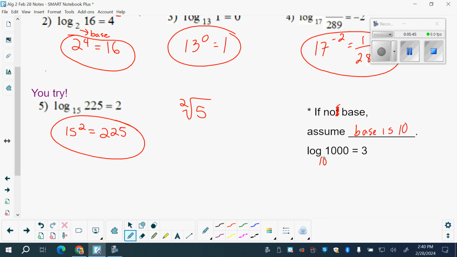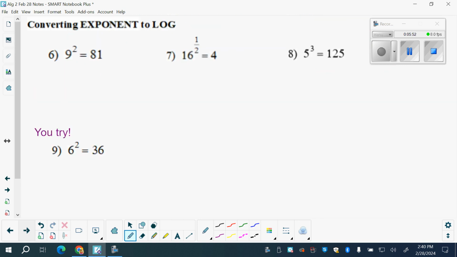Okay. Moving on to the next one. Okay, so now we're going to go the other direction. So we have 9 squared equals 81. We're going to write it in log form. So what's the base of this equation? 9. So it's log base 9. And then these two switch. So it's log base 9 of 81 is equal to 2.